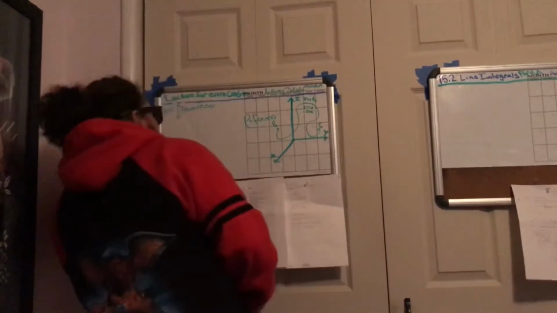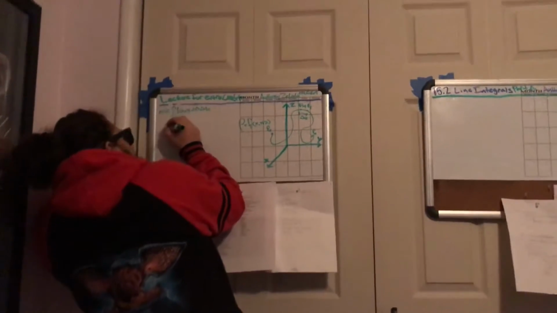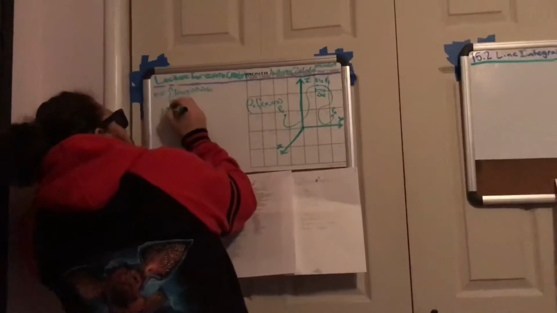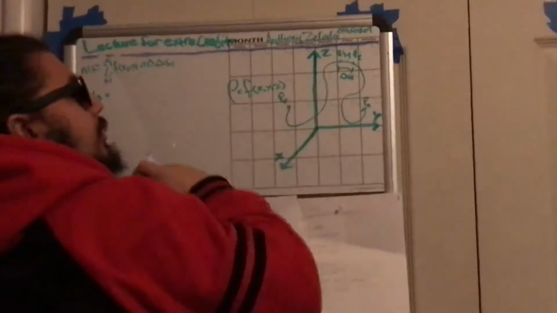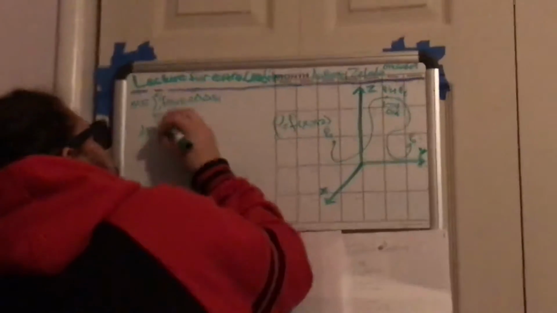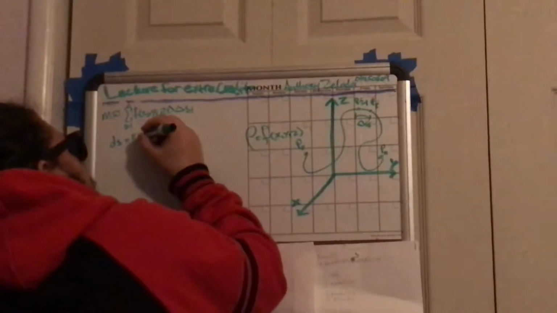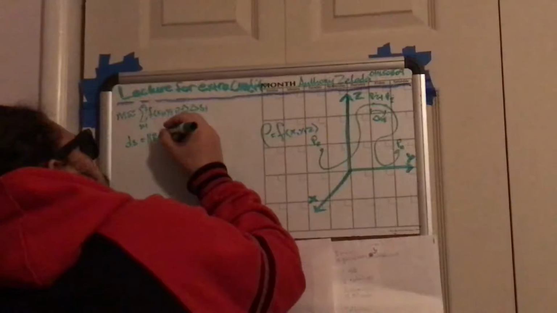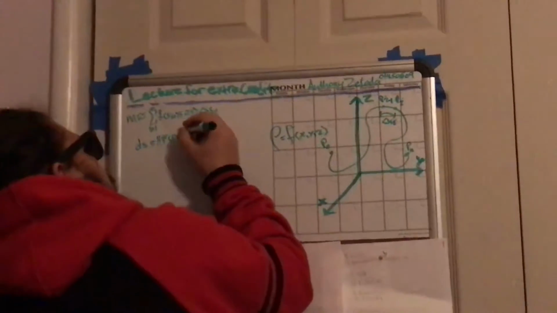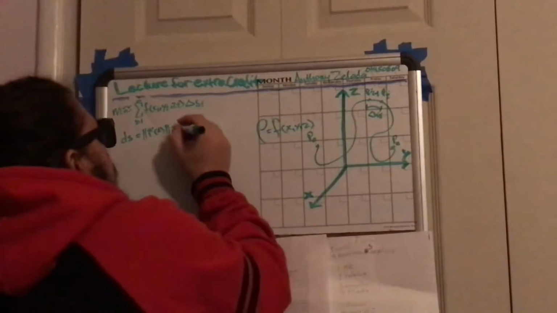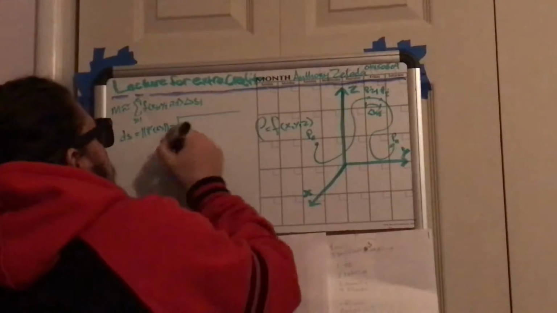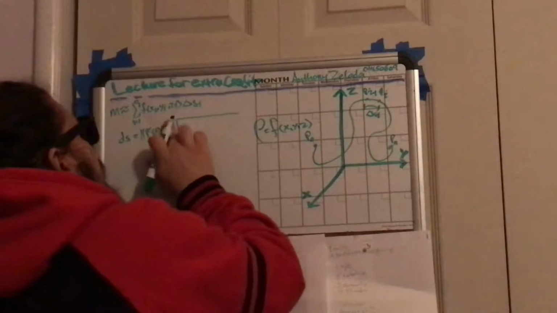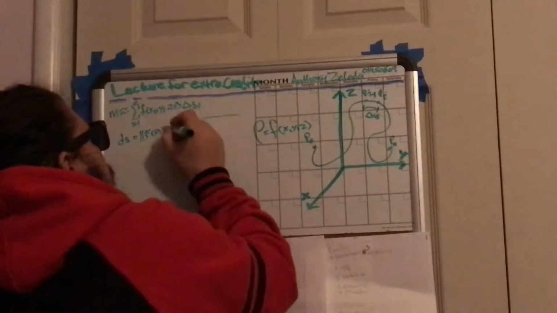So we're going to start with ds here. And ds is the change, basically the derivative. Then we know it equals the magnitude of the vector valued function's derivative. And we could write it like so, and that equals this. It is in terms of t, so we have to write that there too.